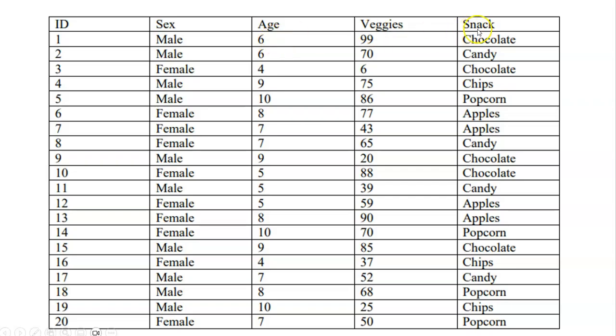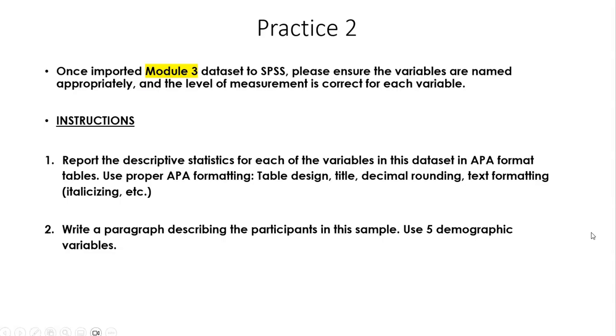So this is the nominal variable because it is categorical. And then this one is a continuous variable because there are numbers. Age also is a continuous variable. Gender is a nominal variable with the male and the female. And also another practice can be descriptive statistics for each of the variables in this data set in APA format tables.